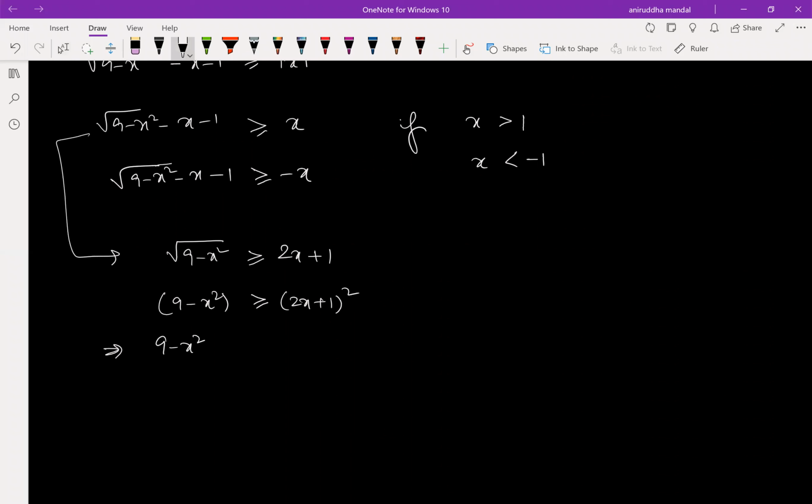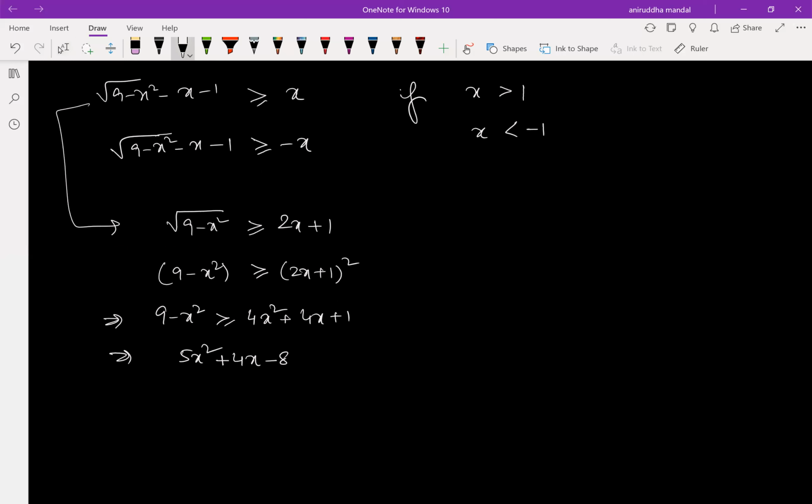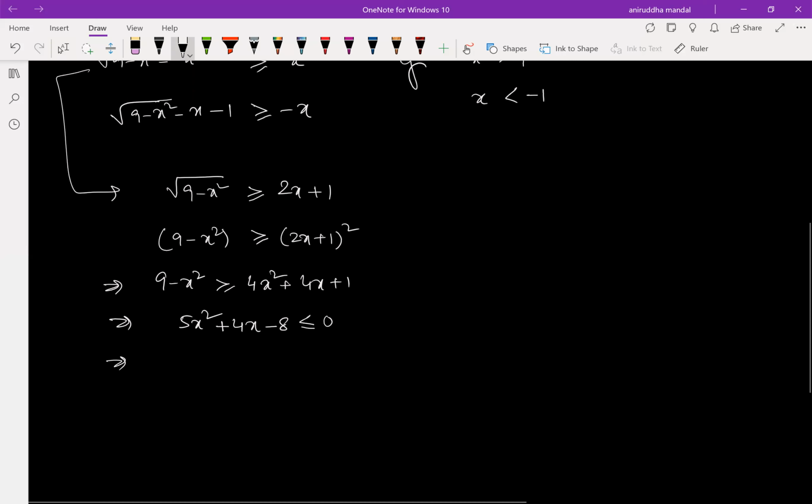So 9 minus x square is greater than or equal to 4x square plus 4x plus 1. So we have 5x square plus 4x minus 8, which is less than or equal to 0. We take the complete left hand side to the right hand side, so we get this quadratic equation.